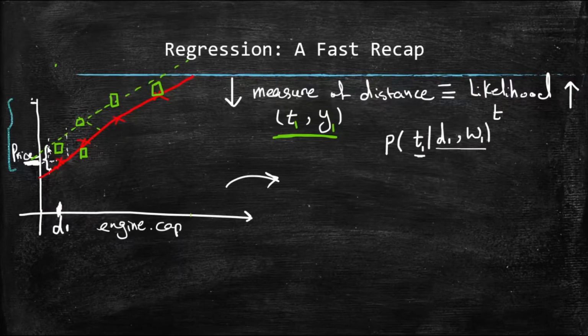So if I were to consider a Gaussian centered around my prediction, I would get a Gaussian like this. Now, if I were to measure the likelihood of observing the ground truth, this red cross, by the green Gaussian, I would get a much higher number. Let me again describe this graphically.